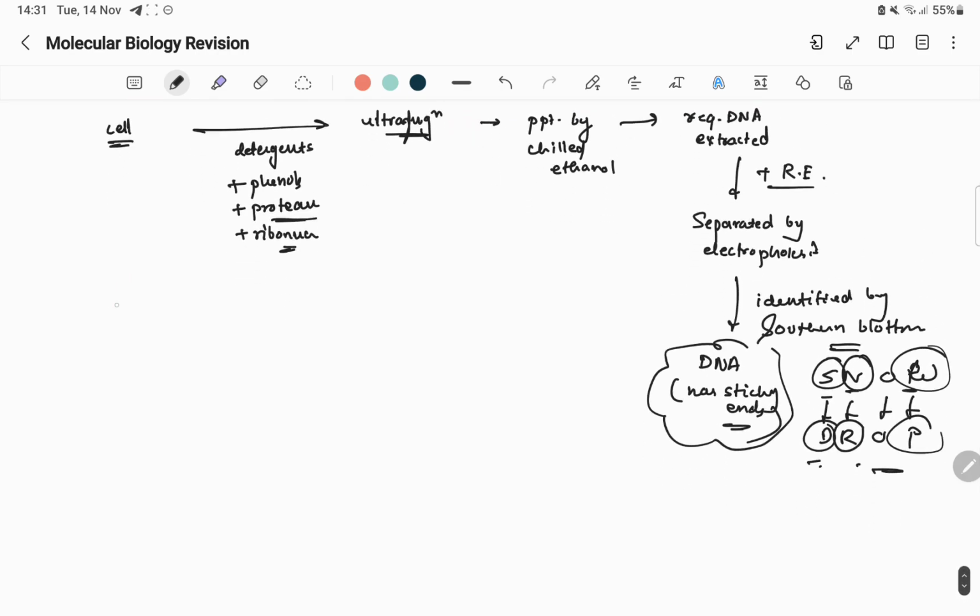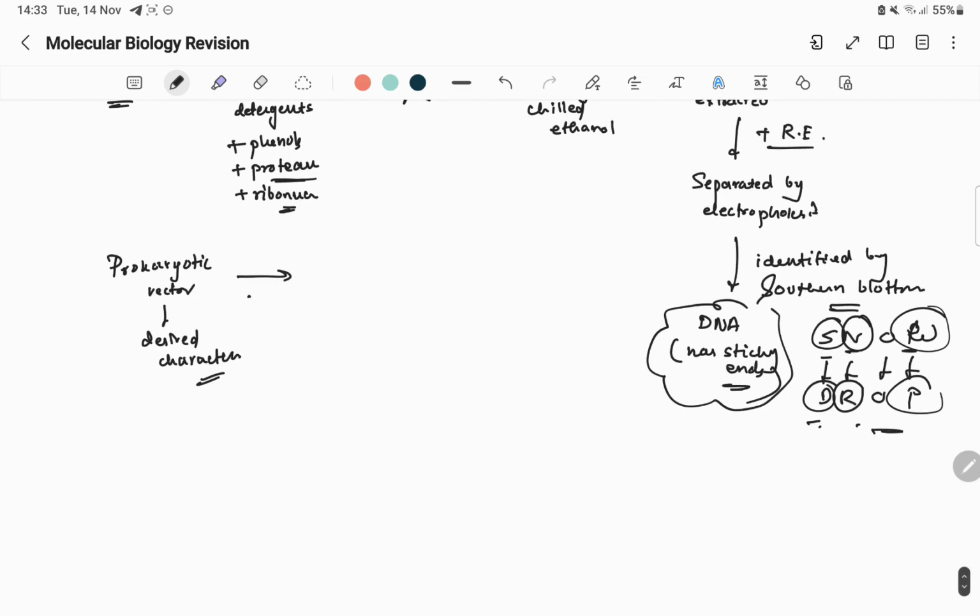Now let's take the prokaryotic vector, which has the desired characteristics. The prokaryotic vector is treated with EDTA as well as lysozyme so as to break its cell wall, and due to this the cell wall is broken.